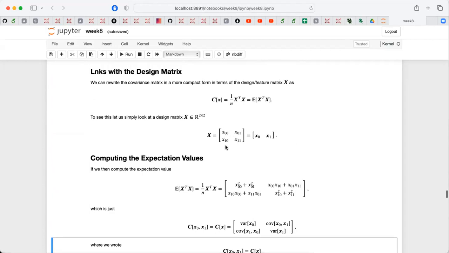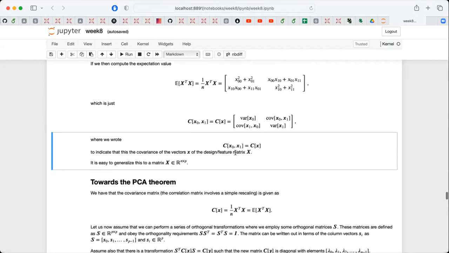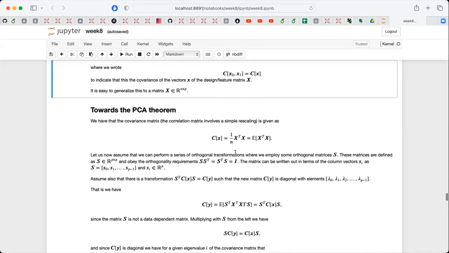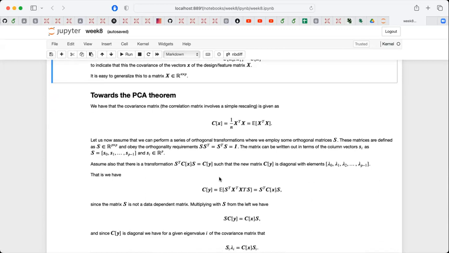That means that every element in the columns and the rows here is just a deterministic value. You could think of it as having made a measurement where all the parameters are well determined. So it's pretty common to have a design matrix which is deterministic, which means that when we take the expectation value of this matrix, we have the following.